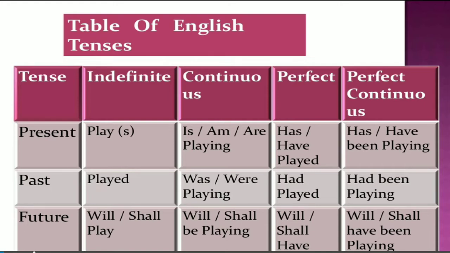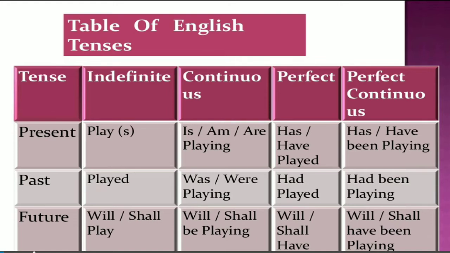So we are starting with the present tense. The first division of the present tense is indefinite, or we can say simple. So present indefinite tense, or present simple tense, or simple present tense.